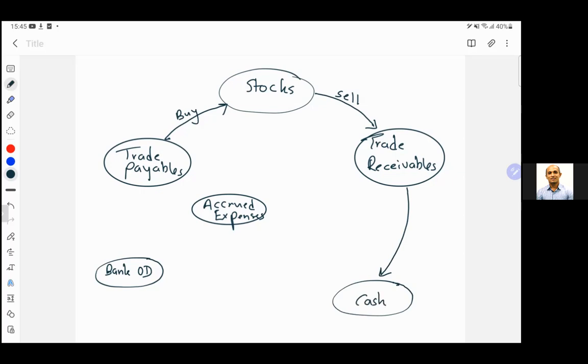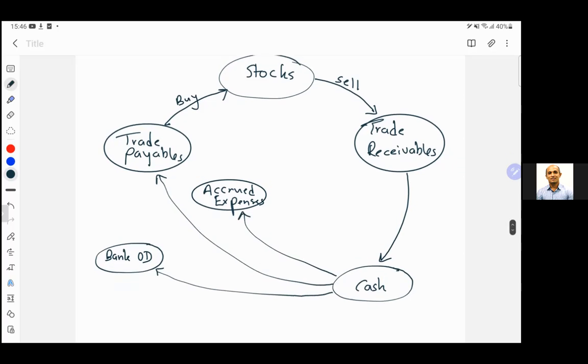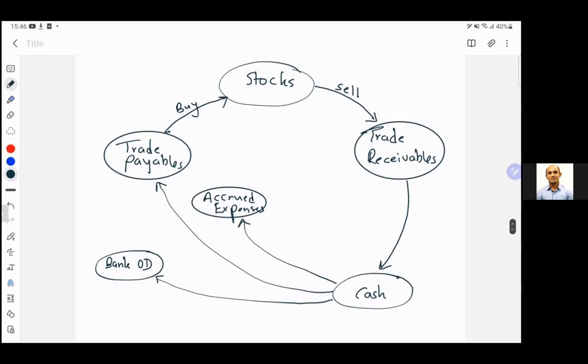Using cash, you pay your suppliers, you pay your accrued expenses, those delayed expenses, and you settle bank overdraft. If you have excess money, you don't keep it in the bank current account.